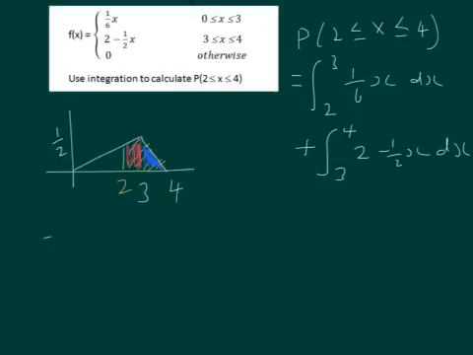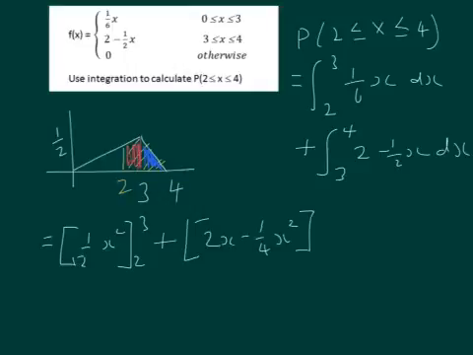So let's integrate 1/6 x. That's 1/12 x squared between 2 and 3. And then let's integrate 2 minus a half x, so that's 2x minus a quarter x squared between 3 and 4.